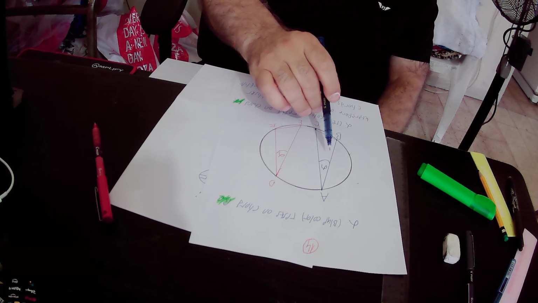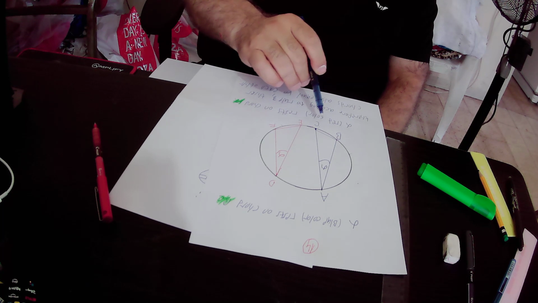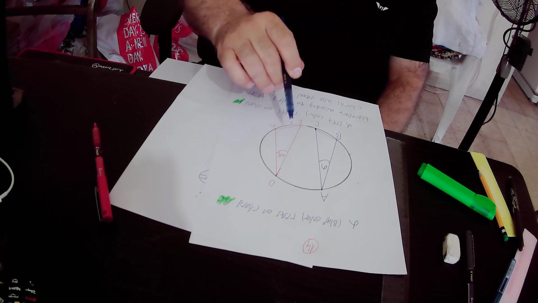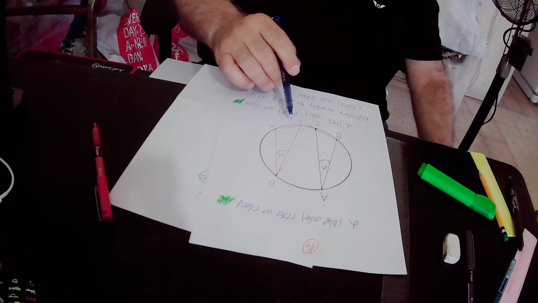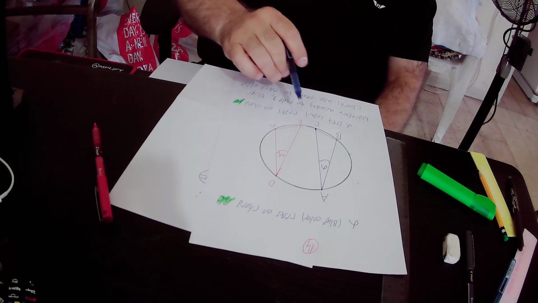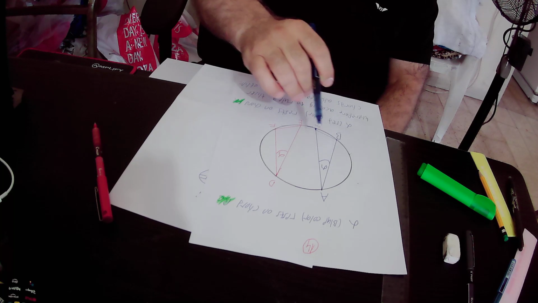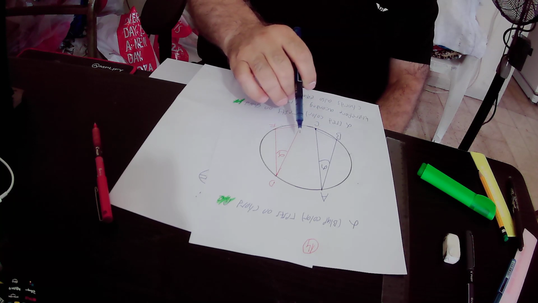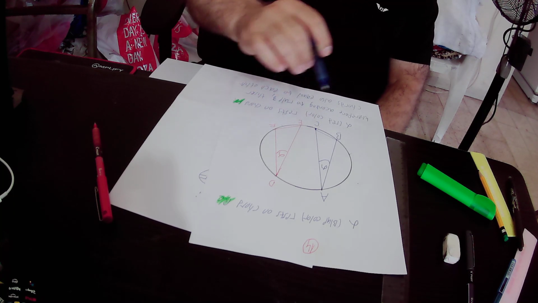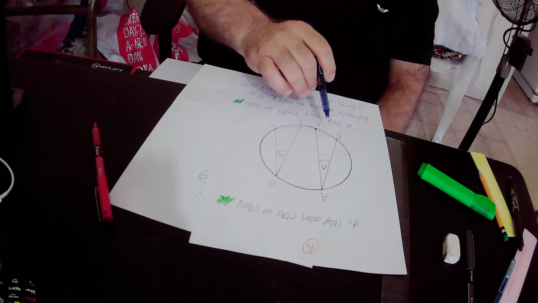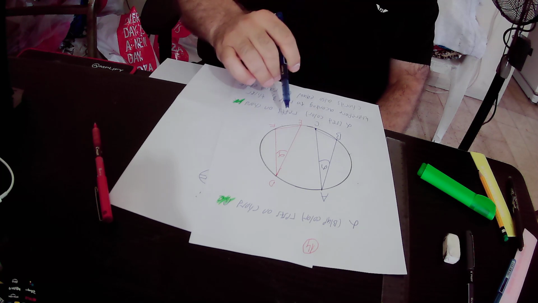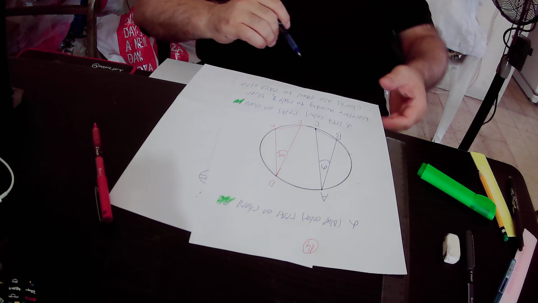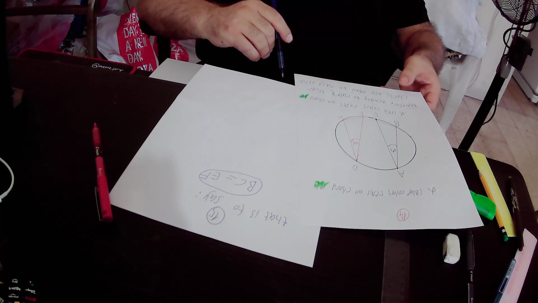Angle alpha in the blue color rests on BC, and angle alpha in the red color rests on chord EF. Because of the fact that they are equal to each other, the chords that they rest on are also equal to each other. That is to say, chord BC equals to chord EF. Okay?